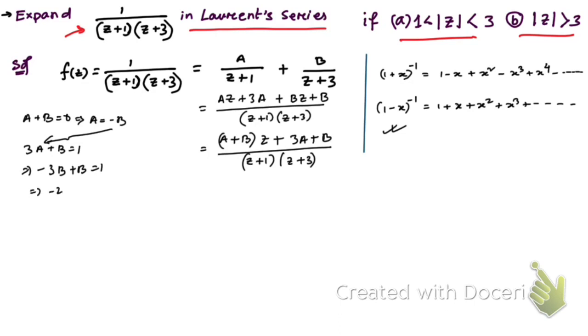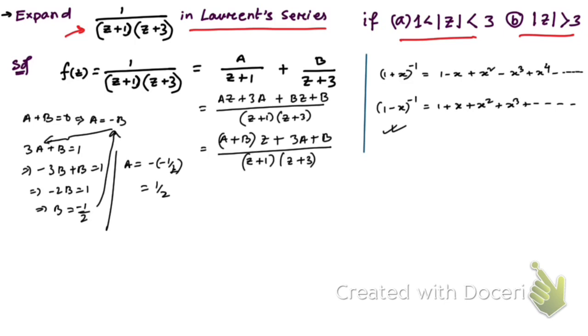That's minus 2b equal to 1, so b is going to be equal to minus 1 by 2. Then using this value, a is equal to minus of minus 1 by 2, that is plus half. So hope you have understood this.